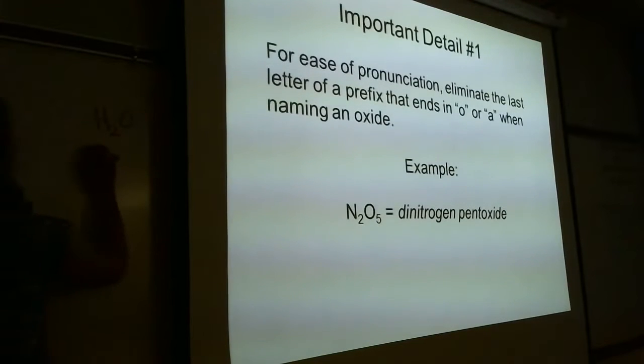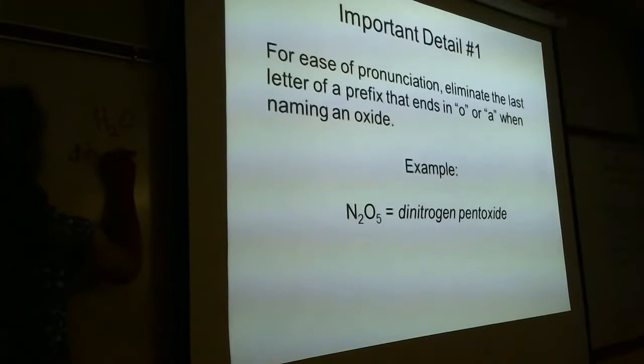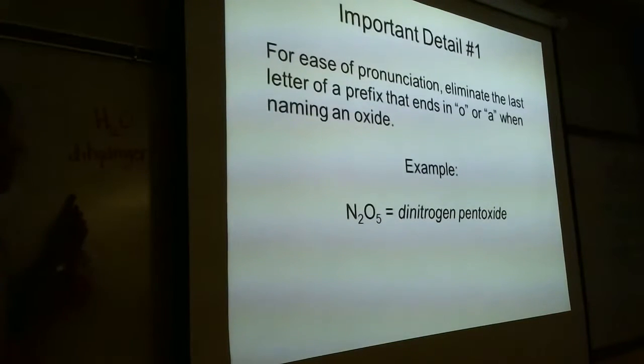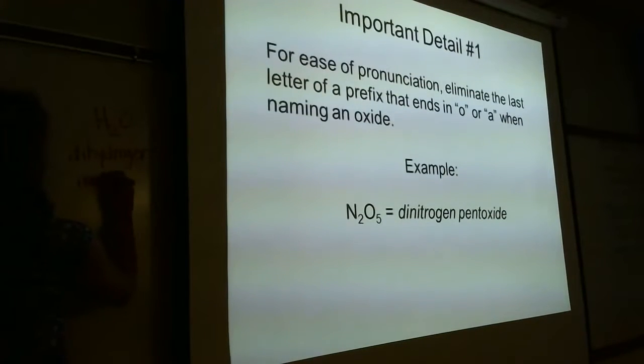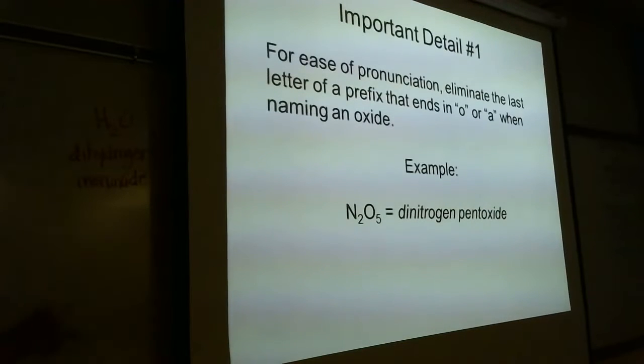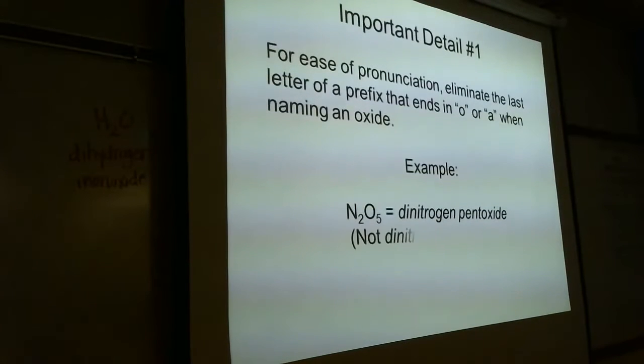So that's dihydrogen. Is it monooxide? It'd just be monoxide, right? Okay, that second O gets dropped. Makes sense? That's the systematic name for water. Again, that A got dropped.